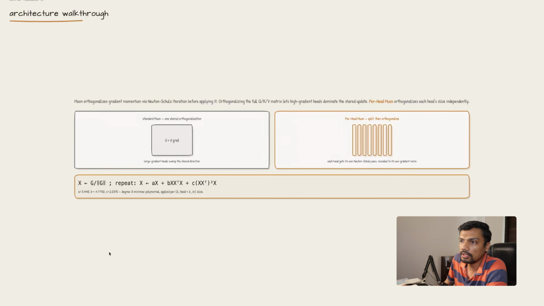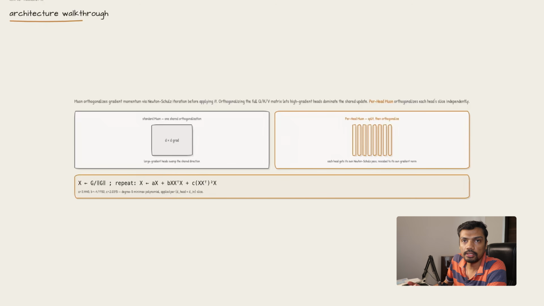Look at the two side by side boxes on the screen. The left box, standard Muon, takes the entire D cross D gradient matrix and orthogonalizes it as one massive block. The right box, per head Muon, slices the matrix into head-size stripes and orthogonalizes each head independently.